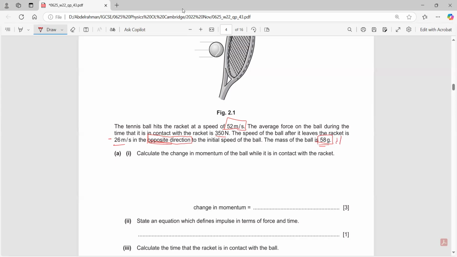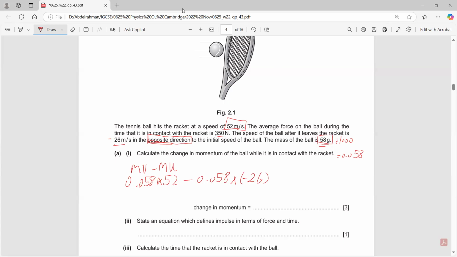Mv minus mu, but the mass has to be in kilograms. So you have to divide by 1000, which is 0.058. So mv minus mu: 0.058 times 52, minus 0.058 times negative 26.